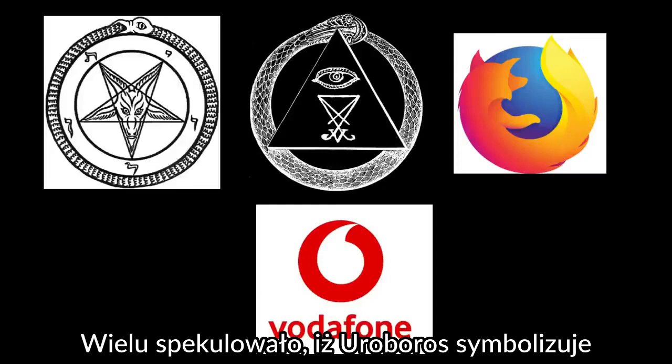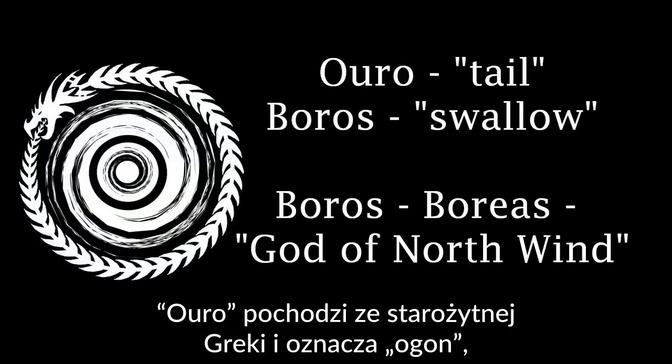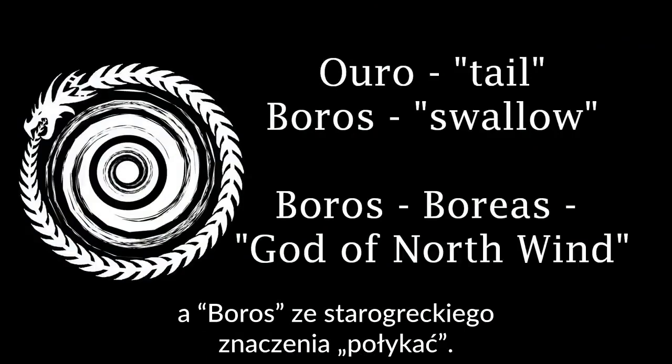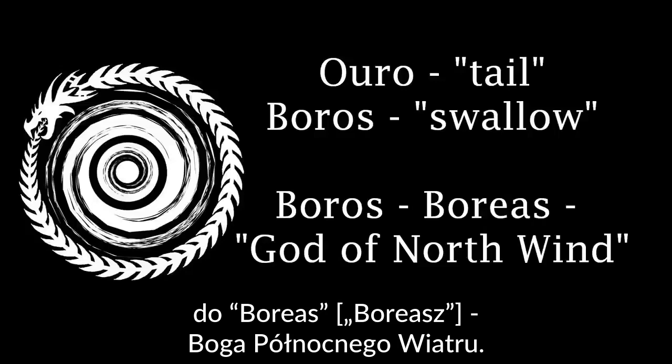Many have speculated that the Ouroboros symbolizes the ice ring at Antarctica. Oro comes from the ancient Greek meaning for tail, and boros comes from the ancient Greek meaning for swallow. Boros is also very similar linguistically to Boreas, god of the north wind.